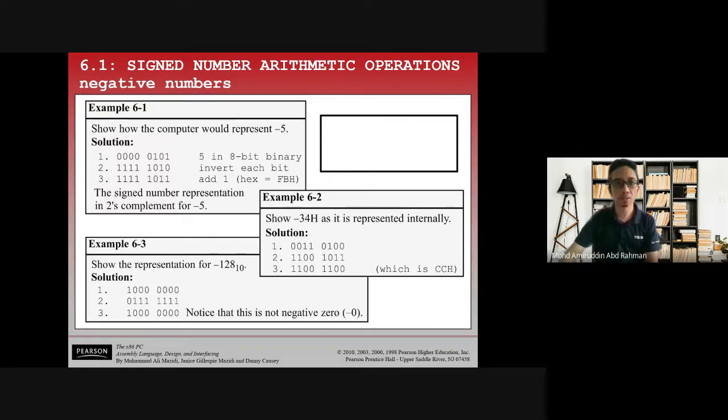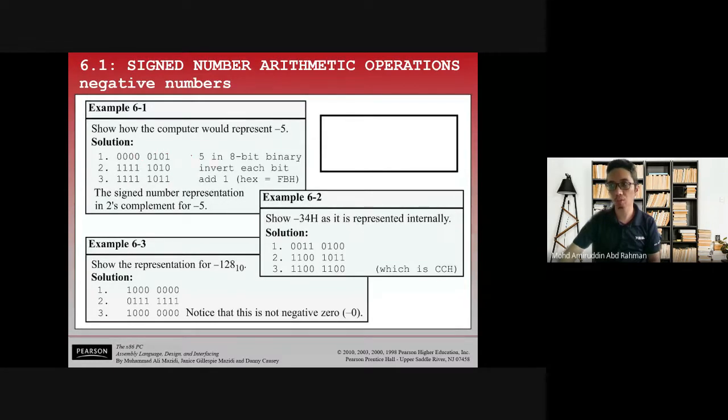So we have an example here. We need to show how the computer would represent minus 5. So we have 5 over there, and this is positive, right?